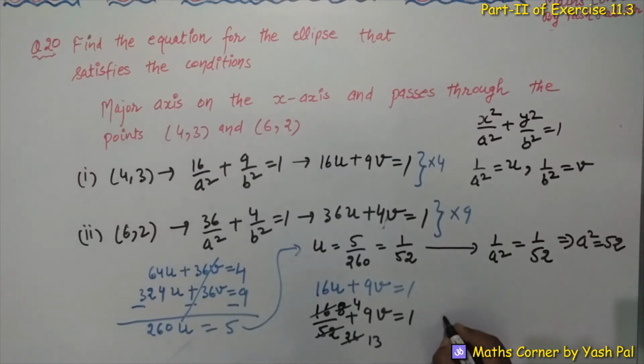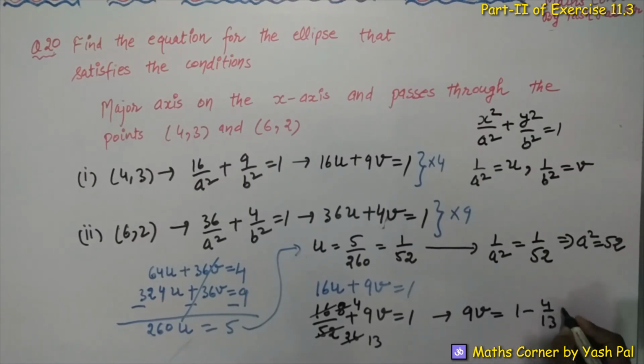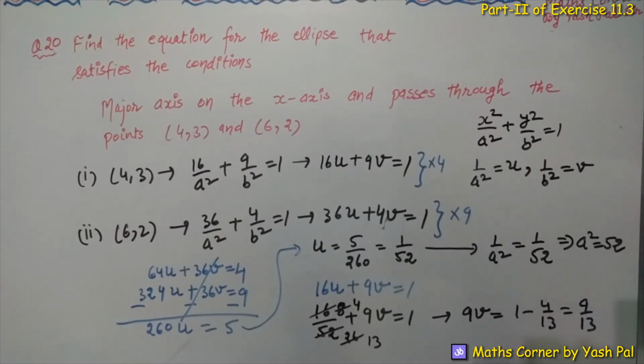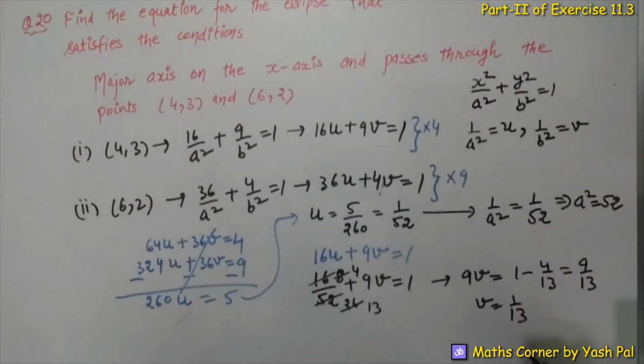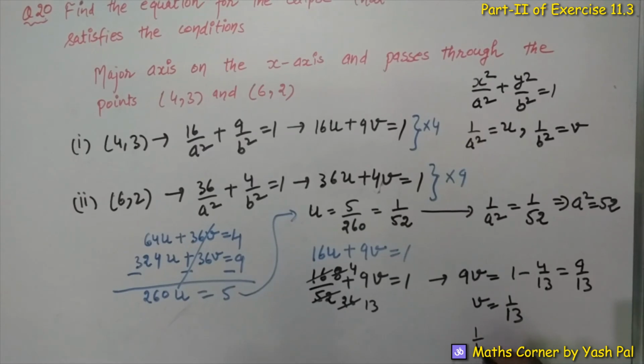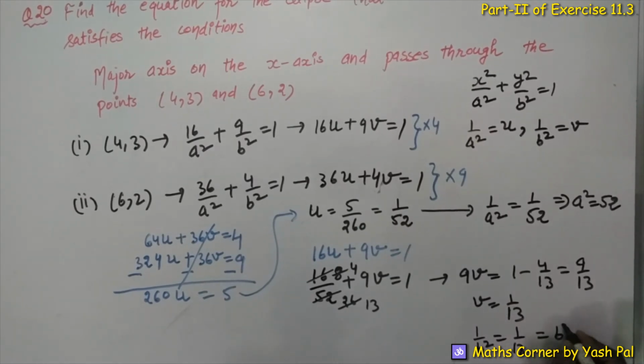So we have 9v is equal to 1 minus 4 upon 13. 13 minus 4 is 9 upon 13. So v is equal to 1 upon 13. What is v? This is 1 upon b square is equal to 1 upon 13. So this gives b square is equal to 13.